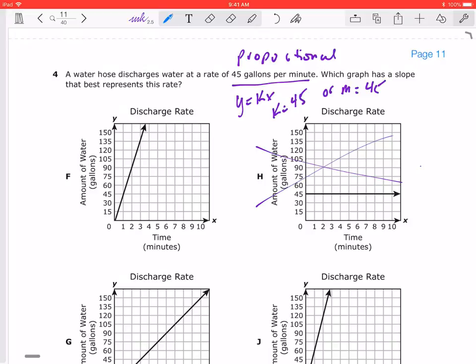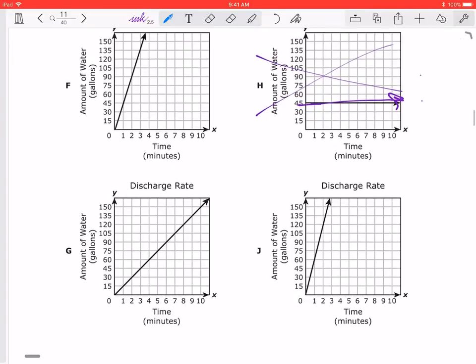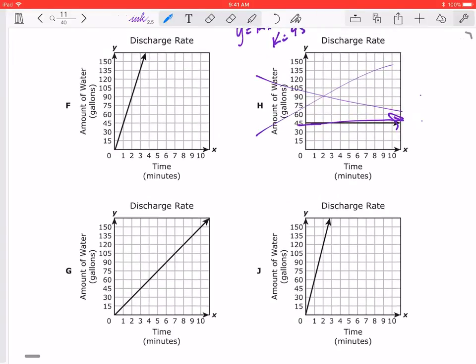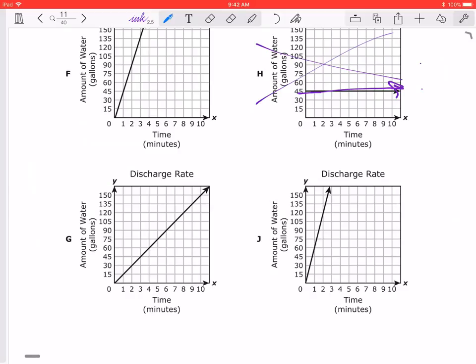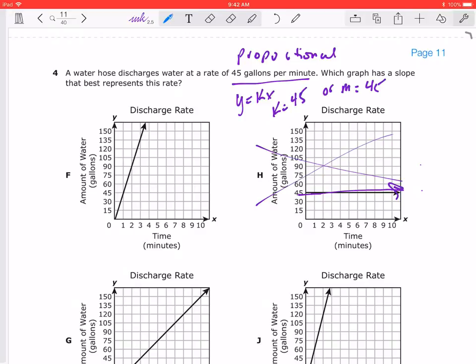So here on h, our slope is 0 because it's a horizontal line. So it definitely can't be h. Now we have to look at the slope of the remaining 3 choices that were given. Problem F, if I look at my rise over my run, I'm going to go up.